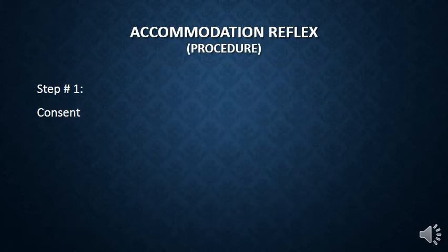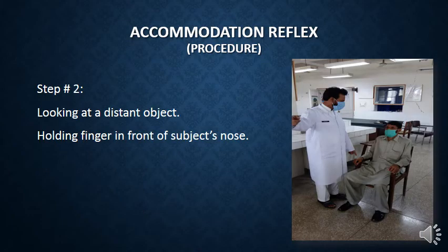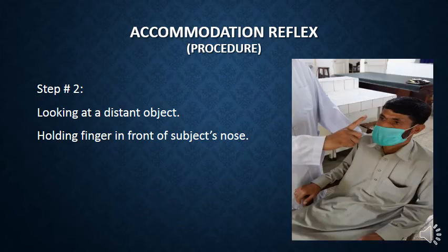The first step in eliciting accommodation reflex is to take consent. The second step is that you will ask the subject to look at a distant object, and then you will hold your finger in front of subject's nose as shown in the picture.